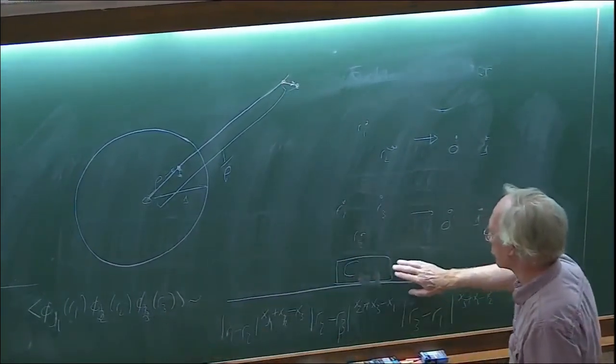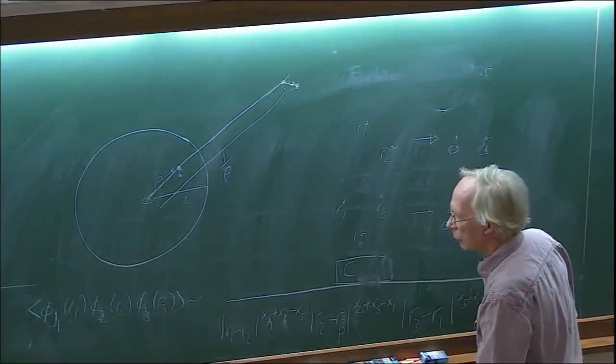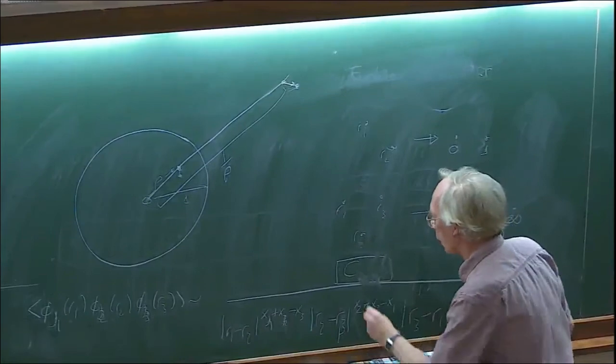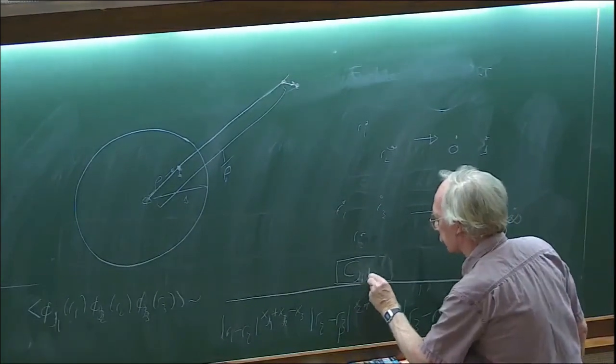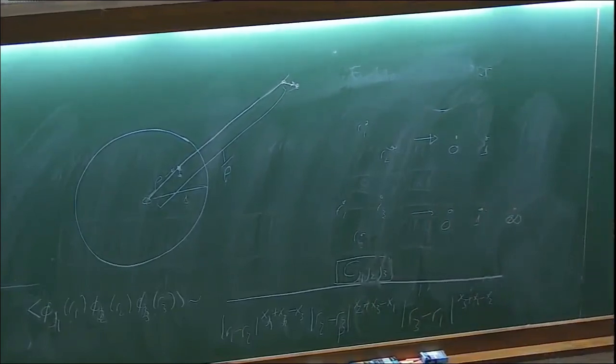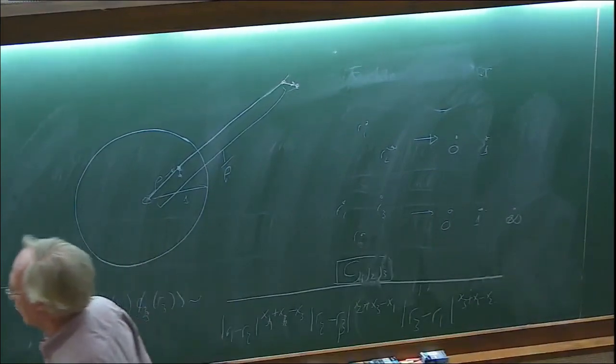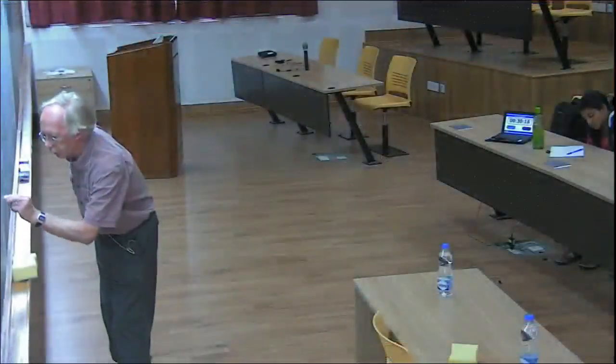And then there's a number upstairs, which just depends on which fields we have chosen. So it's C J1 J2 J3. They're all normalized in the same way.